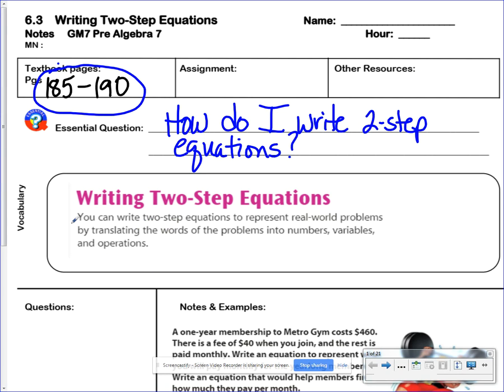So here we go. This is really what we're after here. We can write an algebraic equation to represent these real-world problems by translating each of these phrases and words into numbers, variables, and operations. All right, so let's go.